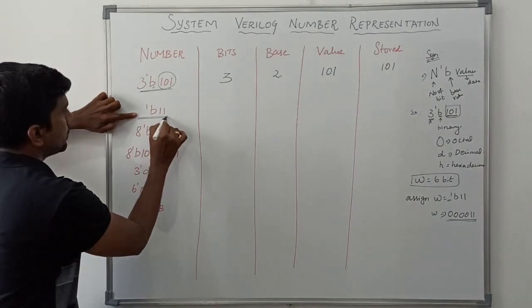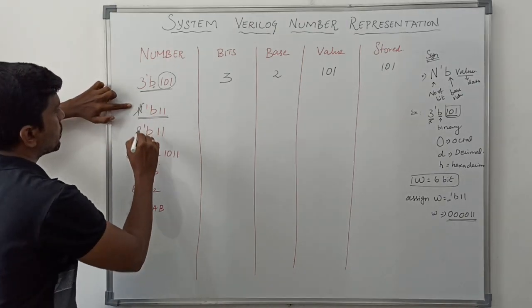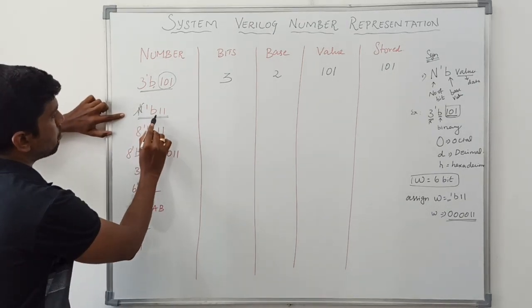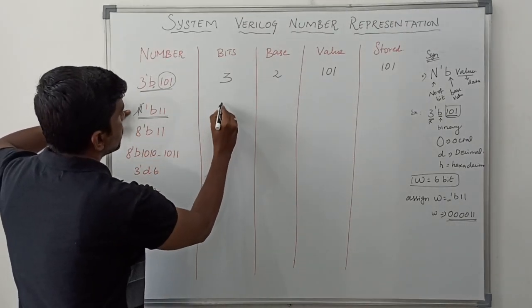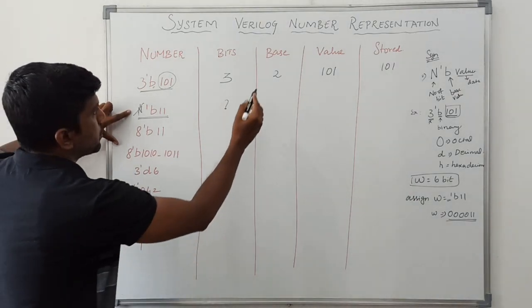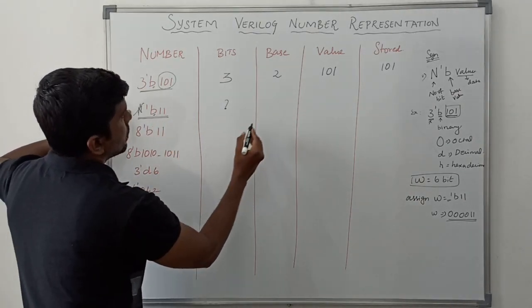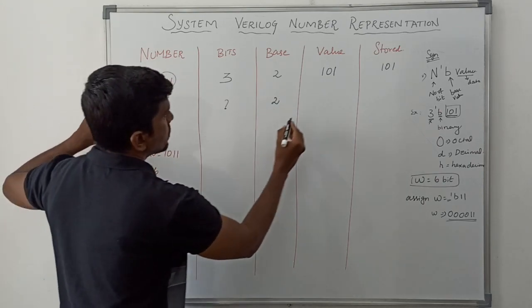Then the second one. Here the number of bits is not mentioned; just tick B 11. So we don't know the bit width. The base value is 2, and the value is 11.